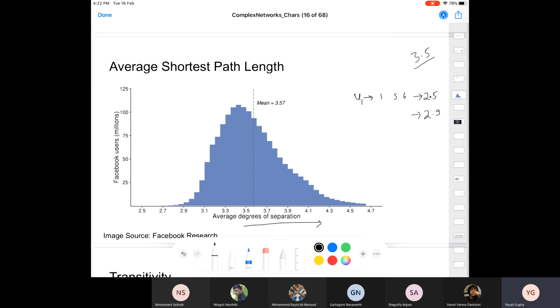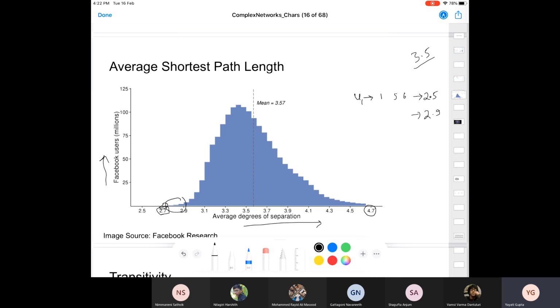So what it shows you is there are very few people over here. If you see, this value is in millions. So there are very, very few people here who have this average distance as 2.7. That is, they are very close to every person on Facebook. Within just 3 hops, they can reach everyone else. There are a few other people for whom this average distance is 4.7.